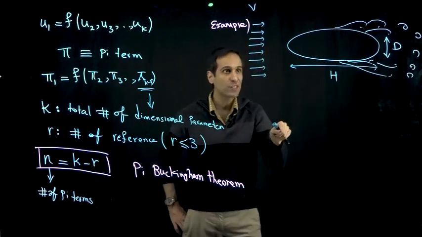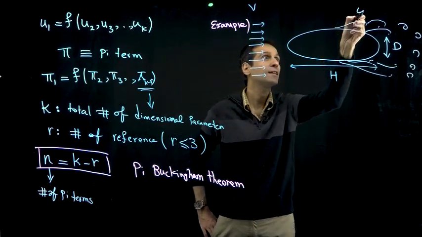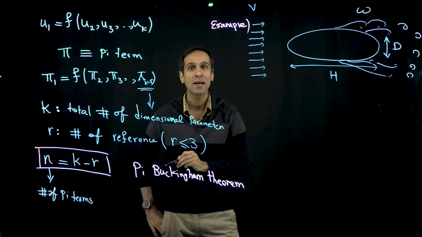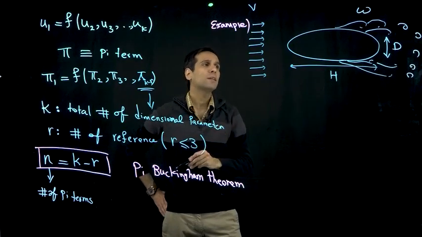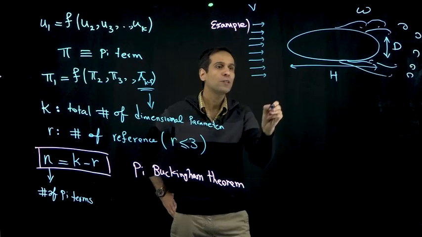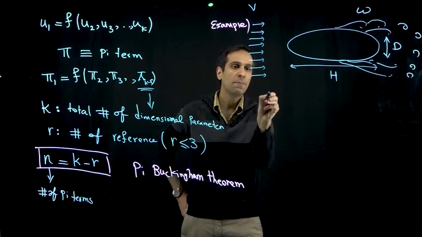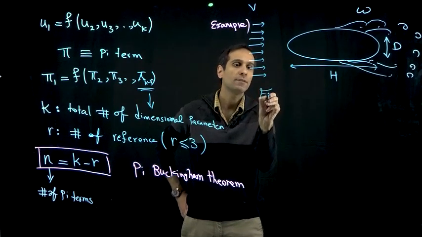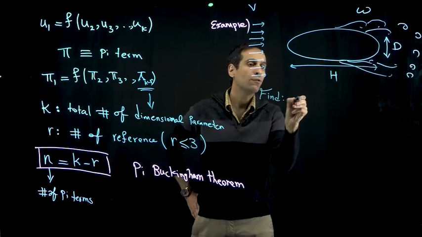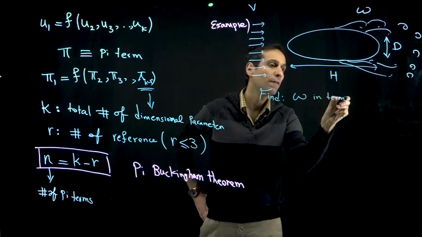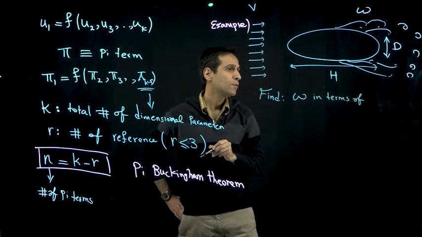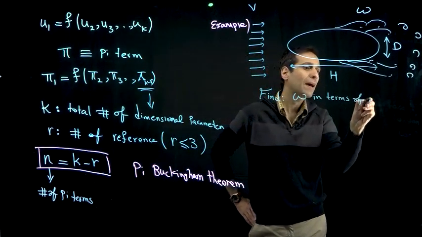The frequency of this vortex shedding, which is denoted by omega, is the purpose. So what we are asked is the vortex shedding frequency in terms of involved parameters.